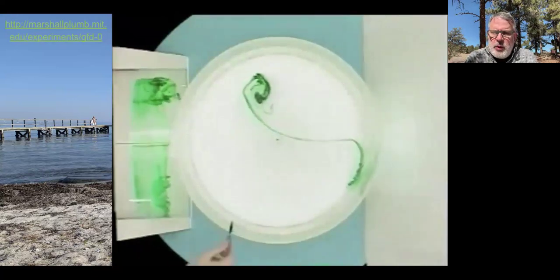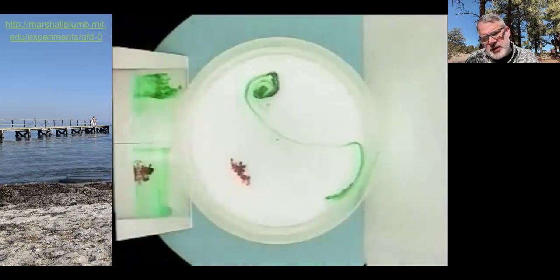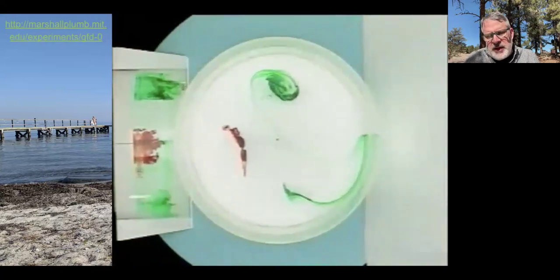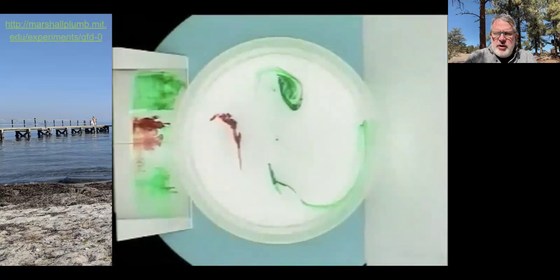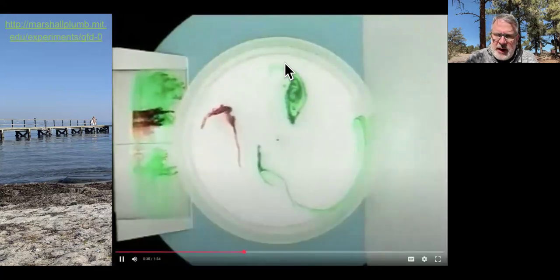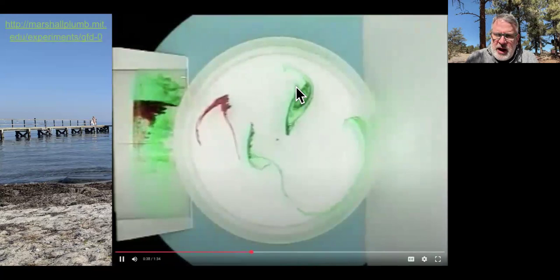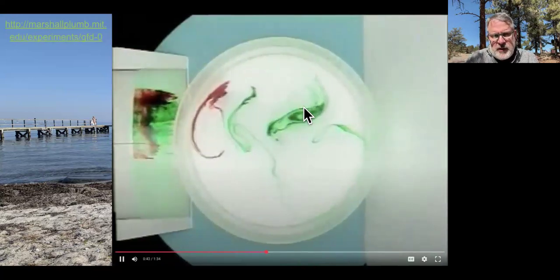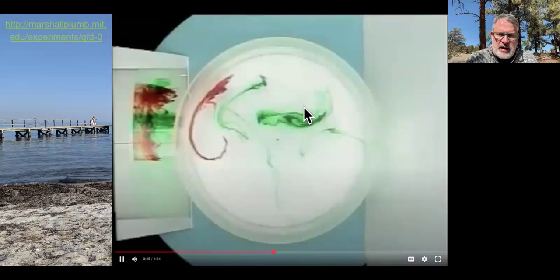And now you might say, well, what's the velocity field that's actually driving these sheets to wrap up on themselves? It probably is a geostrophic flow. And so you can see this little spiraling pattern here probably has a low pressure at the center because it's an anticyclonic flow, or against the rotation direction of the tank.